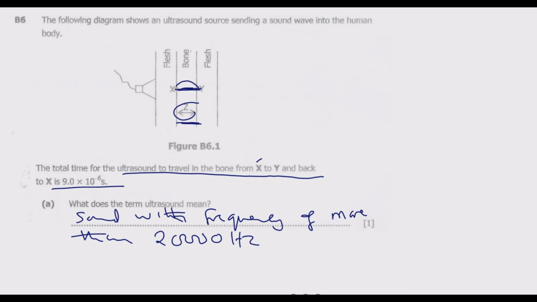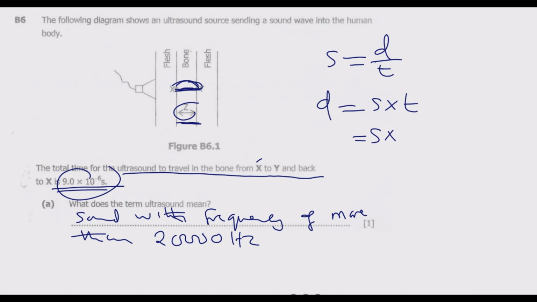We know that speed is given by distance divided by time, so distance is equal to speed times time. Because moving from X to Y and back to X takes this time, moving from X to Y, which is Z, should take half of this. So we are going to say speed multiplied by half of the time, so that we are only interested in one route, without going and coming back.